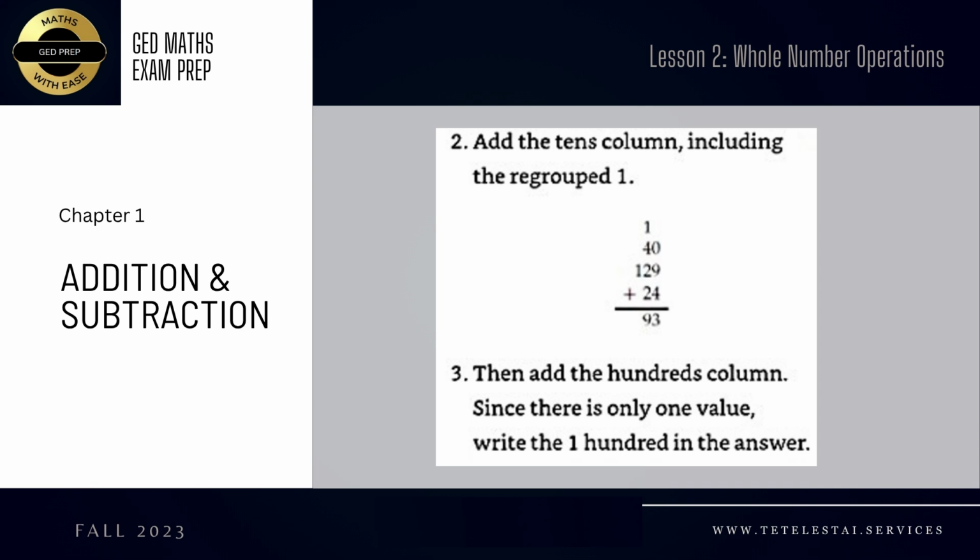It's just a matter of first stacking your numbers and then working from right to left, starting in the ones column. If your total in the ones column is 10 or greater, if this ones column had added up to 10, for example, you can't just write down 10 here, right?